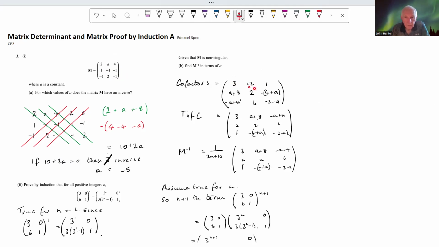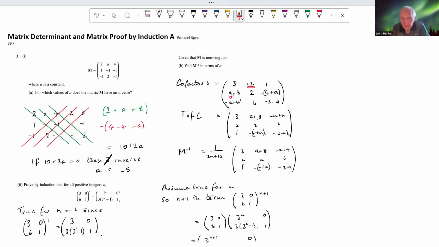Then for this element here, we're going to take out that row and that column, and you take the determinant of what's left, but apply a negative to it. So it looks like the determinant is -2, but in cofactors we change the sign. In fact, we are changing the sign of alternate elements.